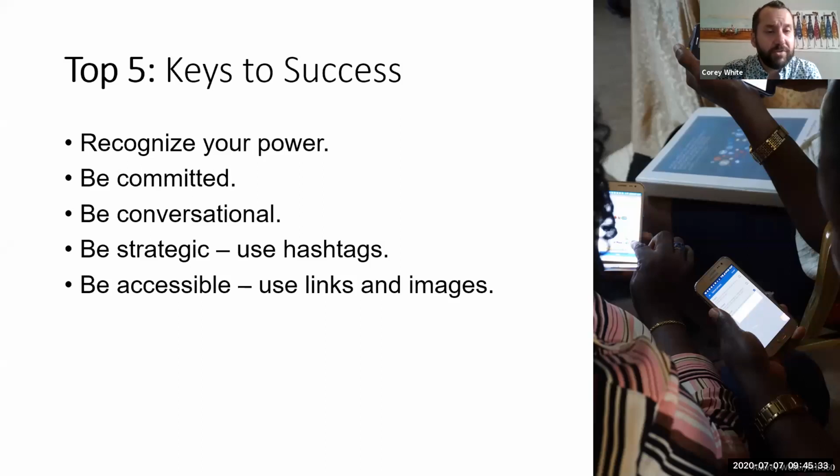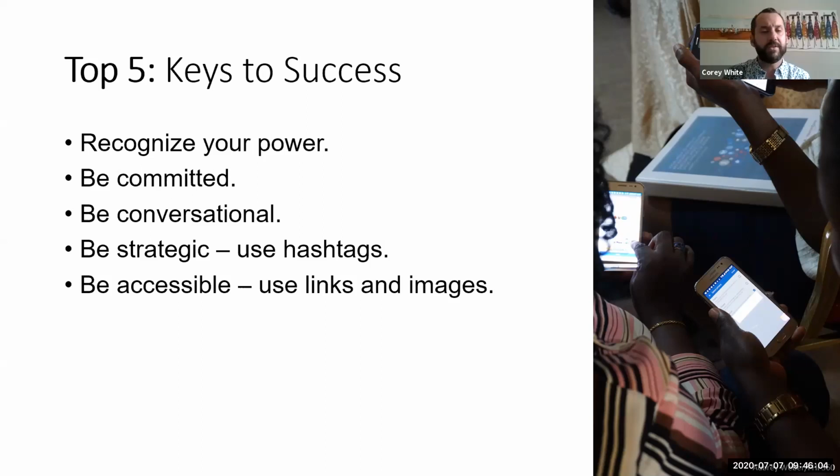The fourth, be strategic. As the other speakers have mentioned, use hashtags. Hashtags are the pound looking, what I call pound hashtag. They are links. They are filters to content that a user can click and quickly sort information or identify that your content is about a certain topic or category of content.